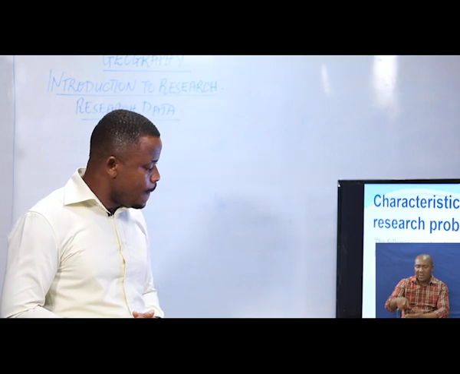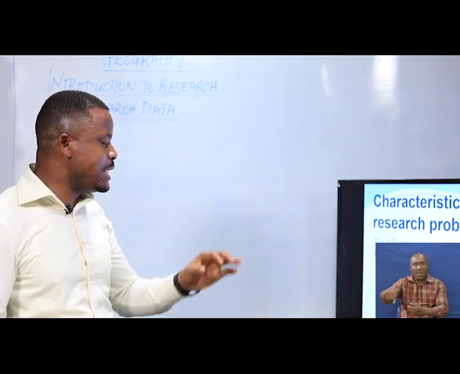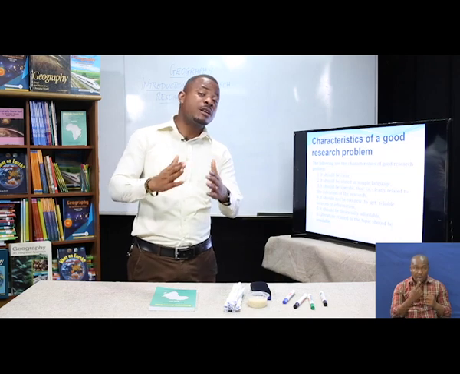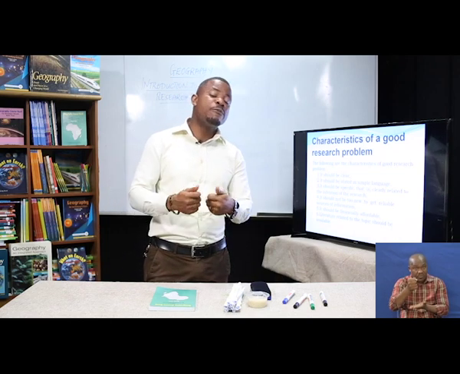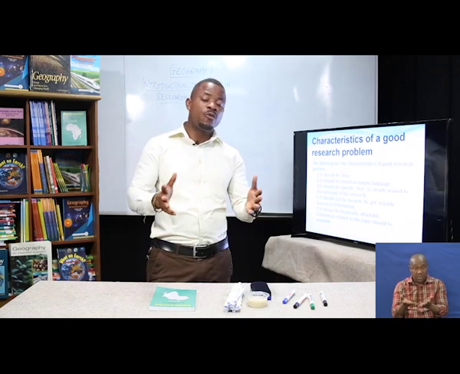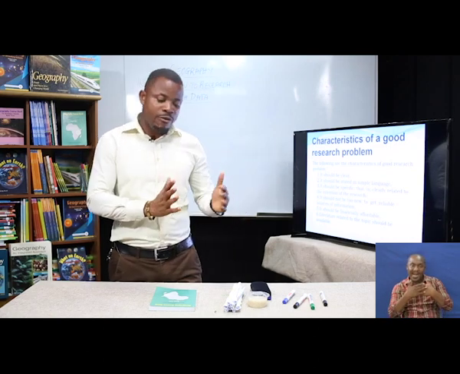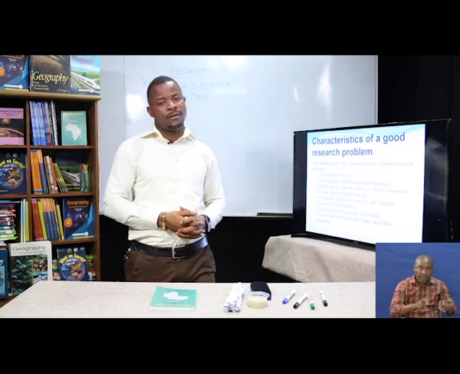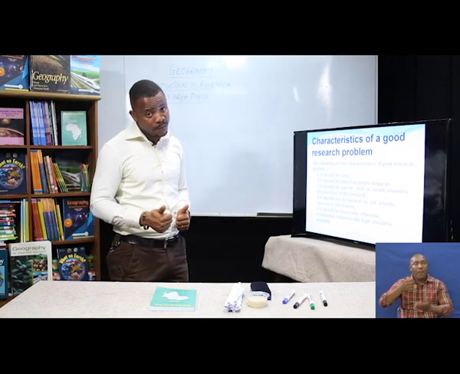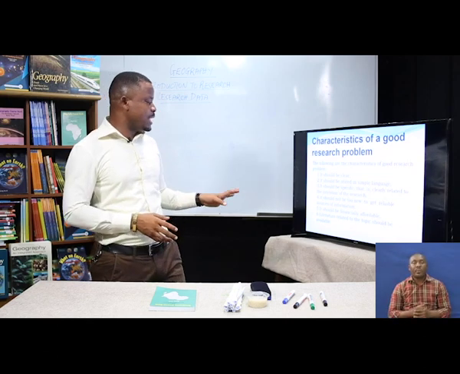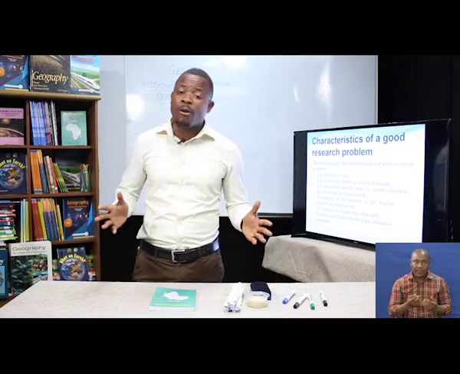But also, it should be financially affordable. Don't look for research titles that you cannot afford financially. You need money to conduct research. So look for simple and clear researches that you can conduct with a very simple and manageable budget. Are we together? Yes. But also we say literature related to the topic should be available.